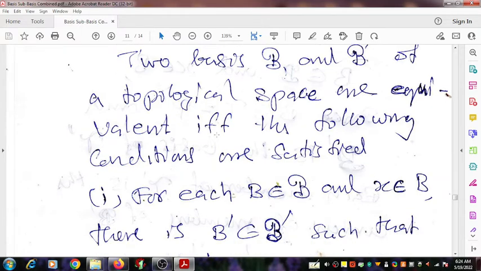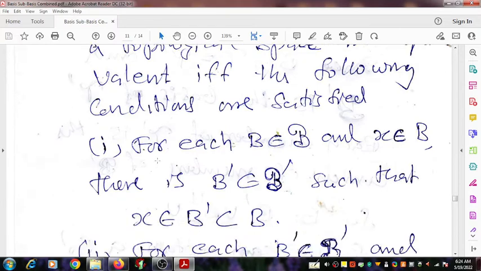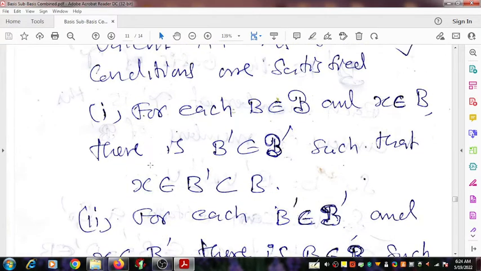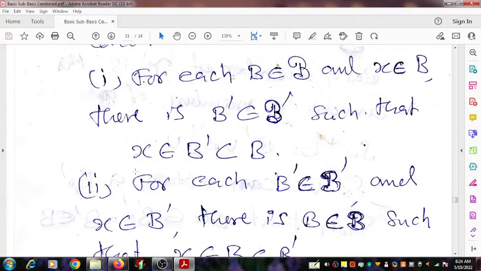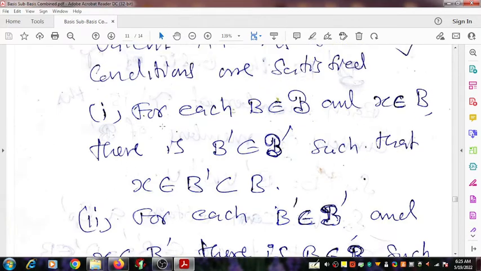Here we have to prove the necessary and sufficient condition for the two bases B and B prime to be equivalent. There are two conditions. The first condition connects the first basis to the second basis, and the second condition links the second basis to the first basis. The statement is that the condition must be satisfied.